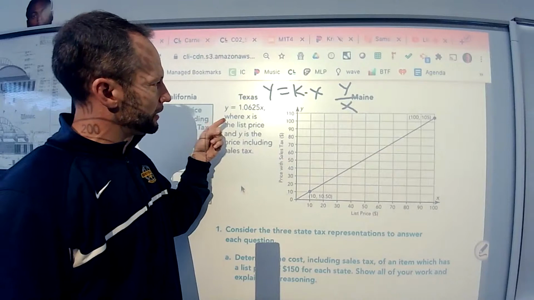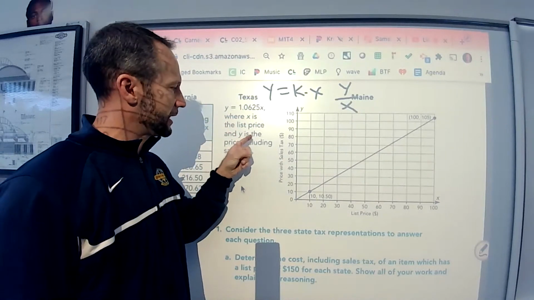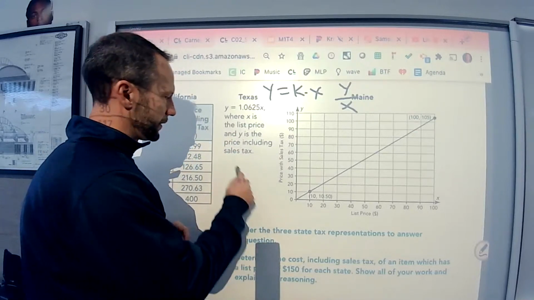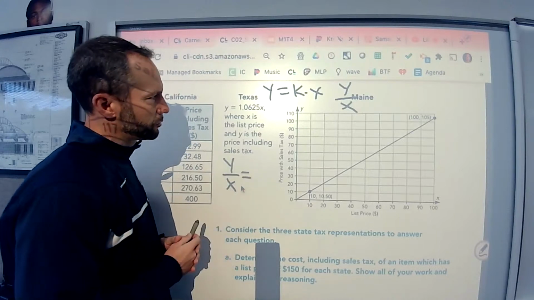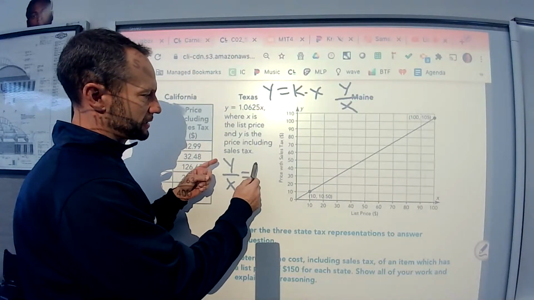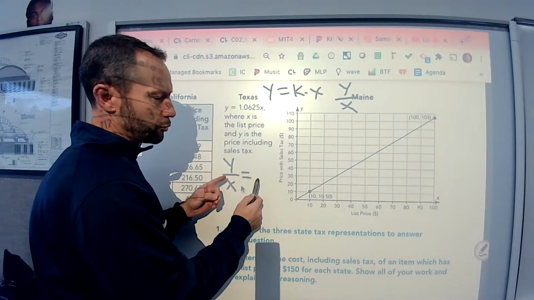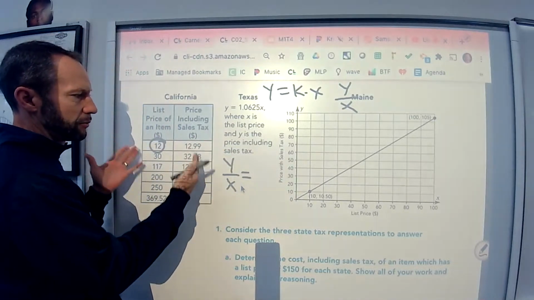You can see here, it tells us x is the list price and y is the price including sales tax. So my y over x is going to be equal to my COP, my price with the sales tax over my list price. Now, I didn't have any numbers like over here in this table to go off of.